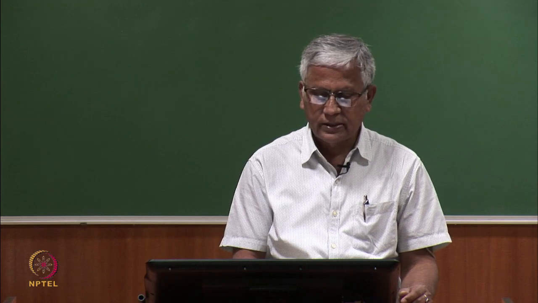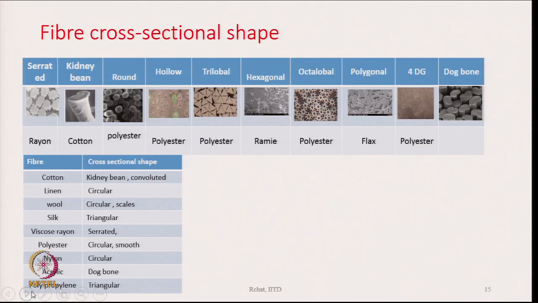Then comes various types of cross sectional shape, another interesting part of the fiber. So, we have fibers of so many different types of cross sectional shape. Here we see serrated type of fibers, rayon, that is viscose rayon, kidney bean cotton, round, hollow, trilobal, hexagonal, octolobal, polygonal, 4DG, dog bone type of shape.